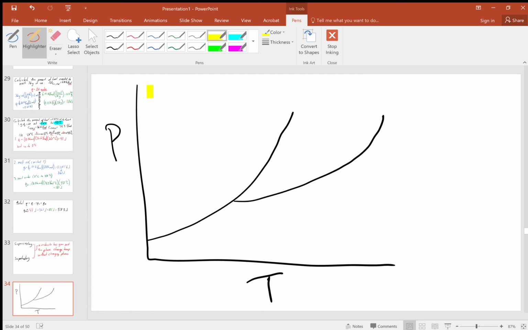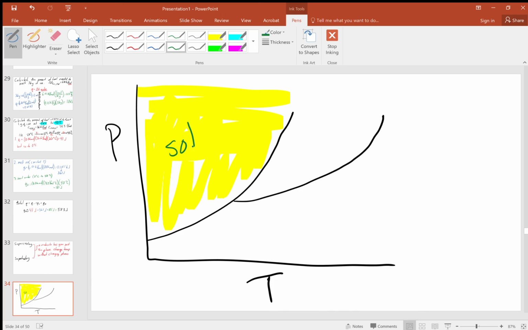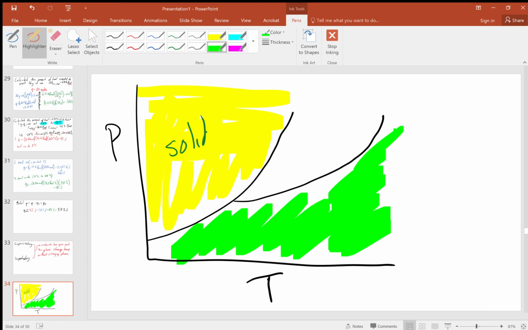And we have our regions. At either very low temperature or high pressure, we have solids. At either very high temperatures or extremely low pressures, we have gases.